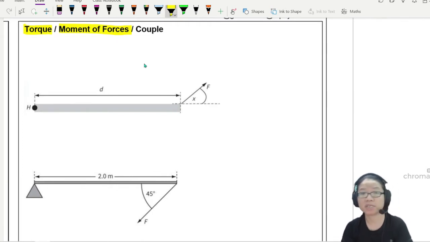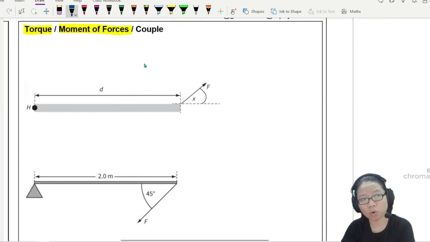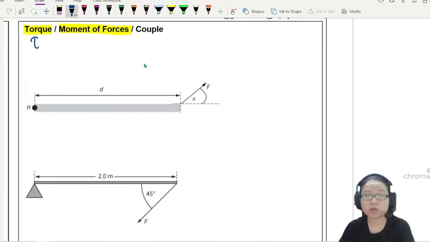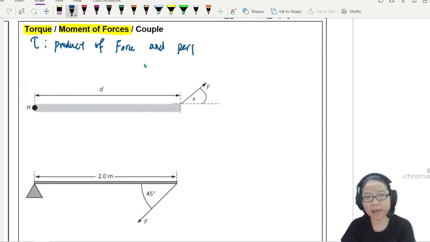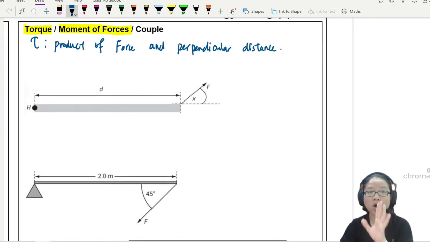But sometimes you will see moment of force, and this has the symbol tau, which looks something like this. Any force that causes rotational motion can be known as a torque, but we define torque or moment of force as the product of force and perpendicular distance from a pivot, or rather from a point.